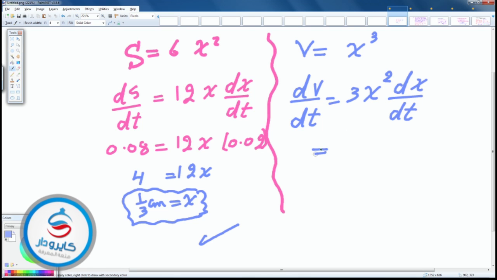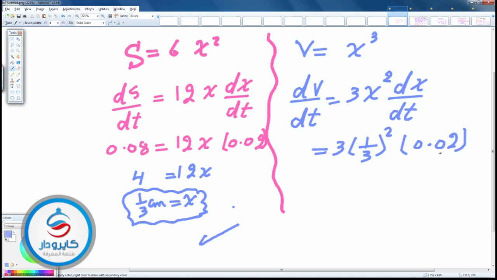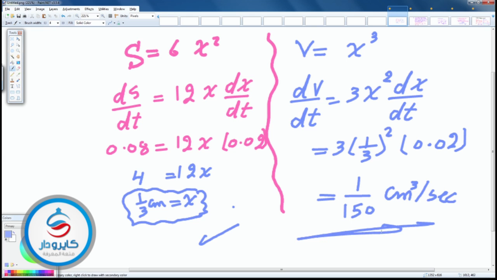That leads us to substitute 1 over 3, this is x, which we obtained from the first request, multiplied by dx over dt, which is 0.02, so it will be 1 over 150 centimeter cube per second, and this is the answer.